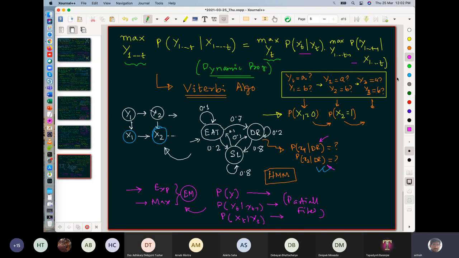Since you cannot compute them directly, you need to go with MLE, maximizing the outcomes with respect to these three. That's what we do in expectation maximization.